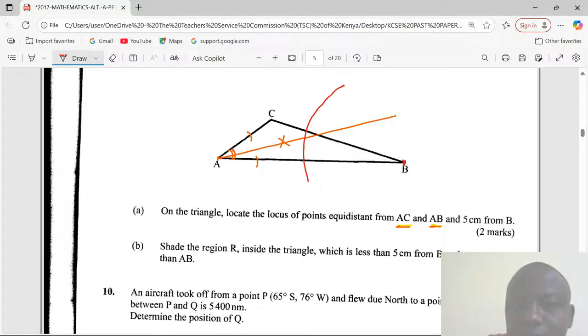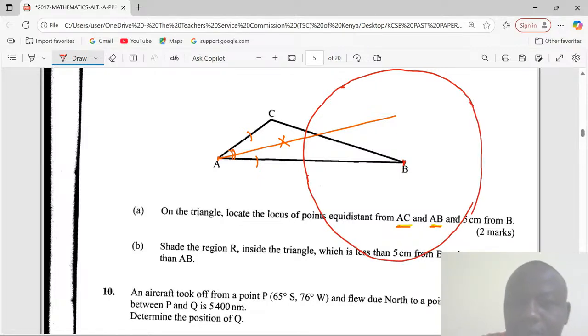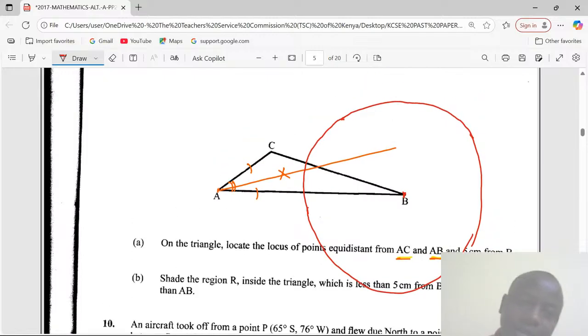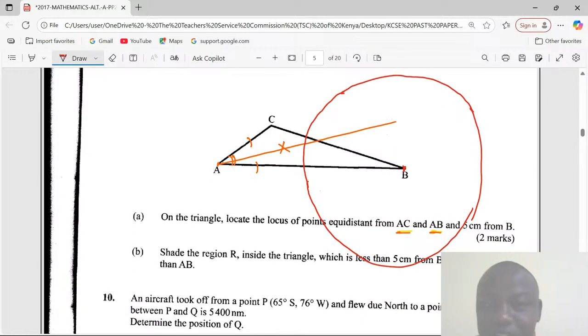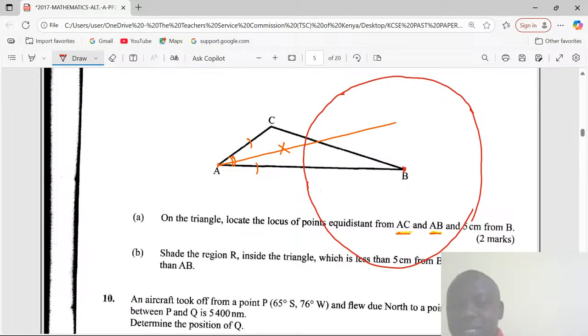Once you've drawn the circle, that is the locus of points which are 5 centimeters from point B.